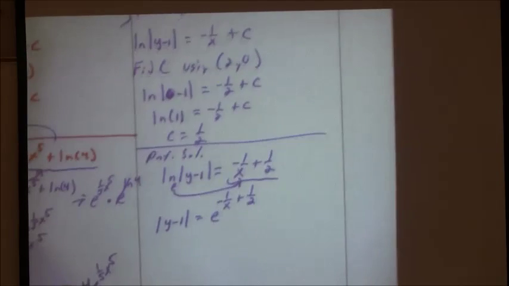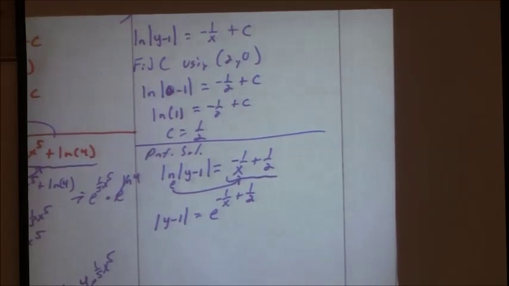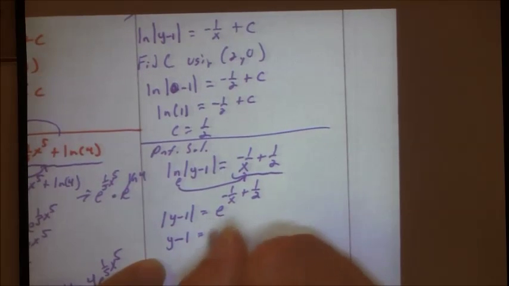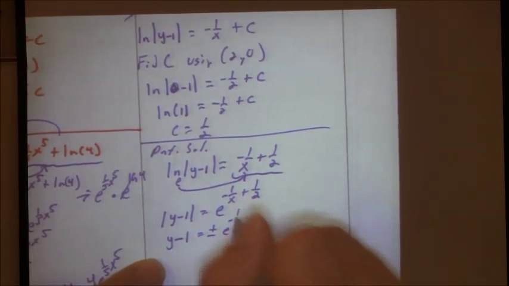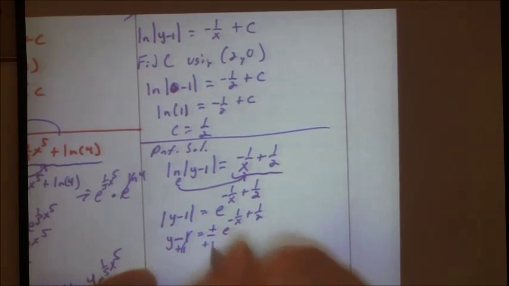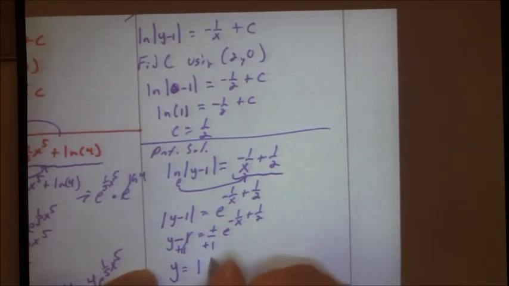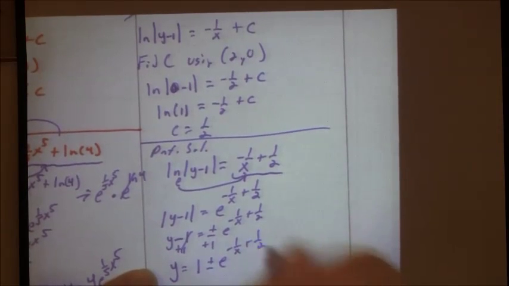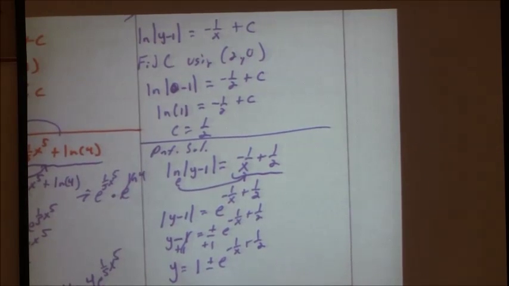How do I get rid of that absolute value? Put a plus or minus. Add the 1. We get y equals 1 plus or minus e to the negative 1 over x plus 1 over 2. Now we need to test using the point.